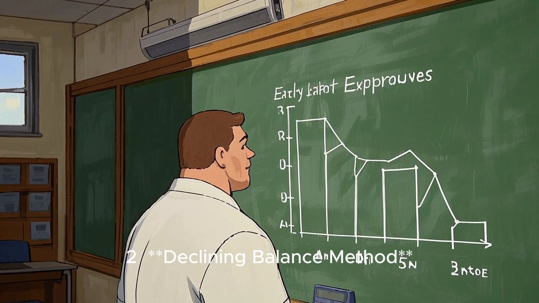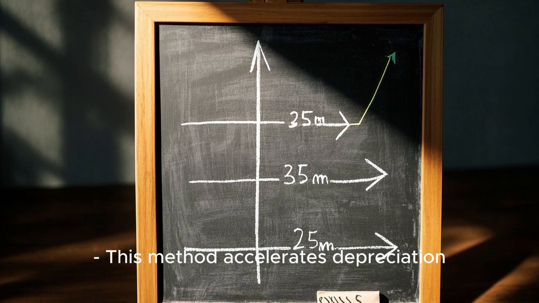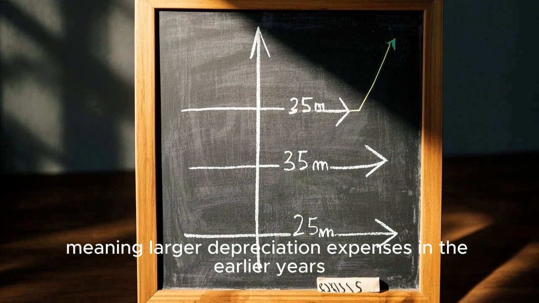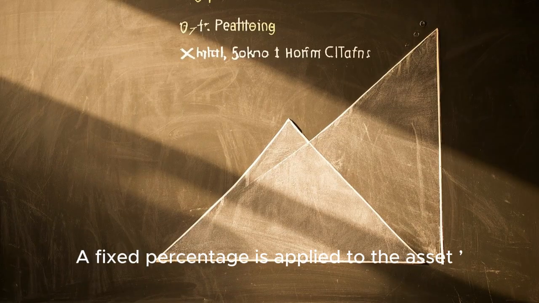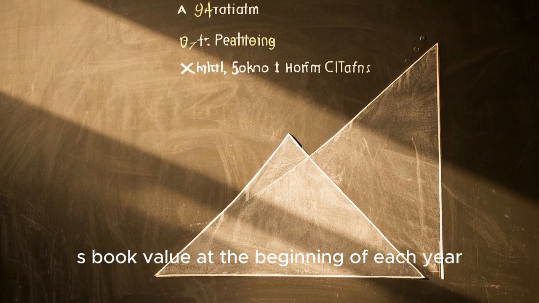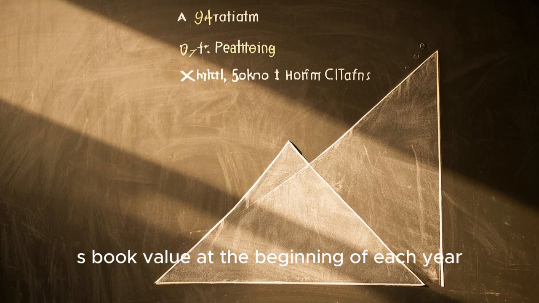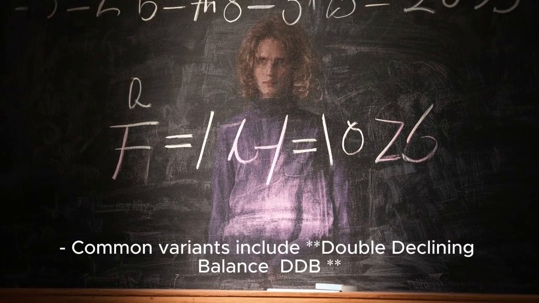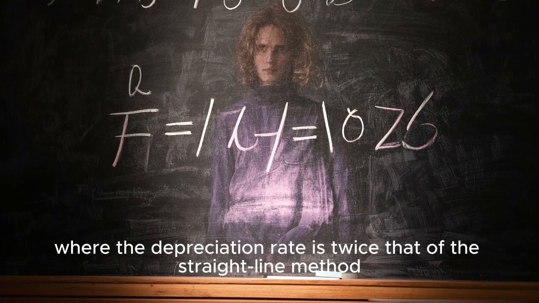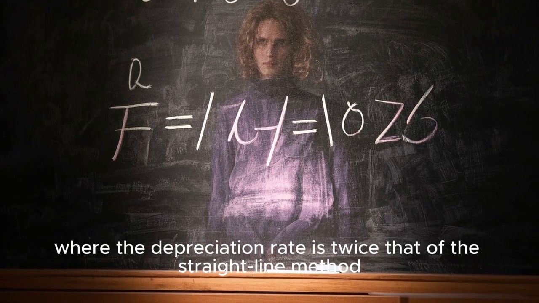2. Declining balance method. This method accelerates depreciation, meaning larger depreciation expenses in the earlier years. A fixed percentage is applied to the asset's book value at the beginning of each year. Common variants include double declining balance, where the depreciation rate is twice that of the straight line method.